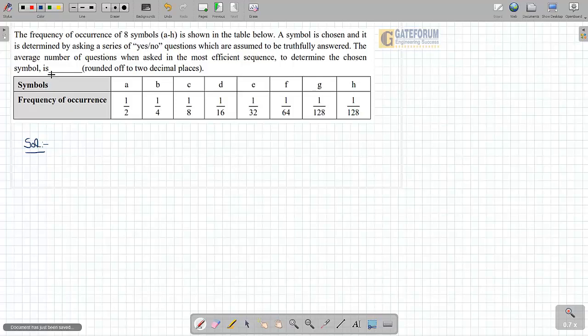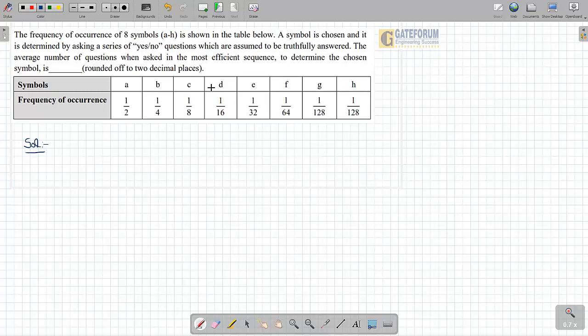So it is nothing but simple. The frequency of occurrence of 8 symbols is shown in the table: A, B, C, D, E, F, G, H. A symbol is chosen and determined by asking a series of yes/no questions. The average number of questions asked in the most efficient sequence to determine the chosen symbol is.